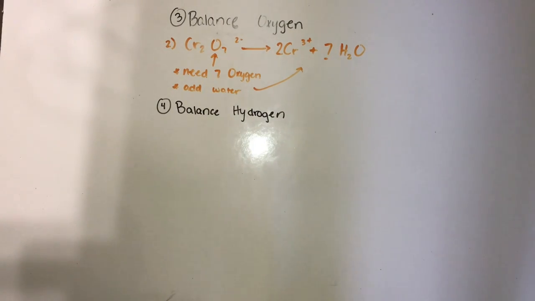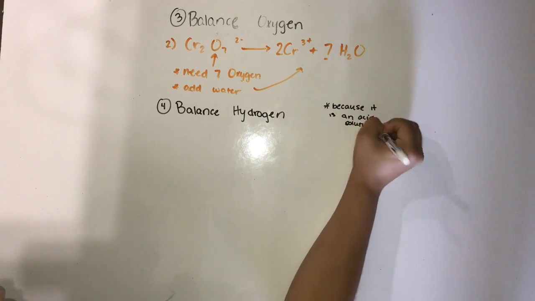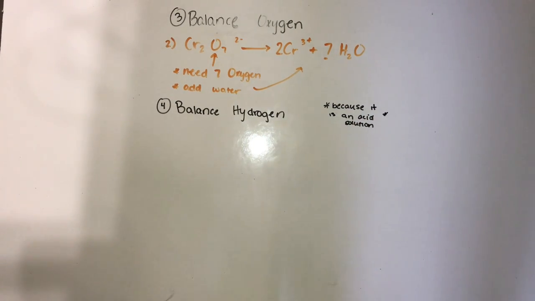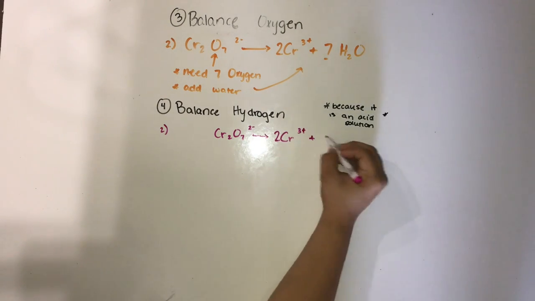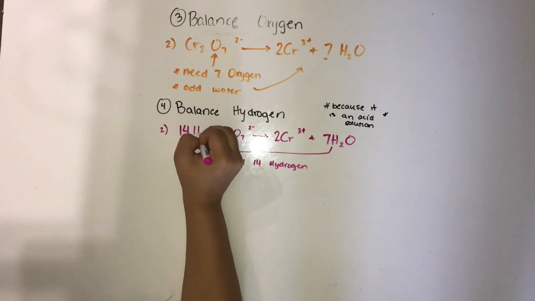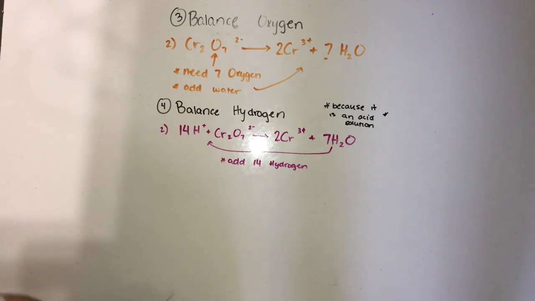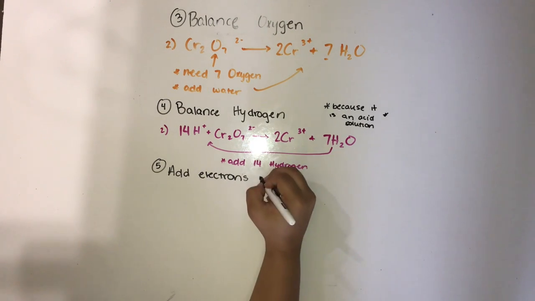Now we have to balance the hydrogen. Since we added 7 water molecules, this means that we have to add 14 hydrogen atoms to the reactant side. Now we have to add electrons to equal the charges.